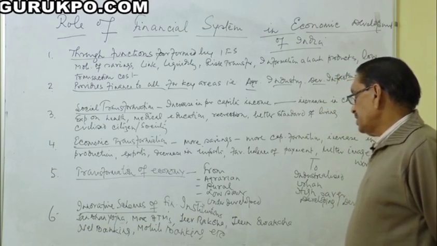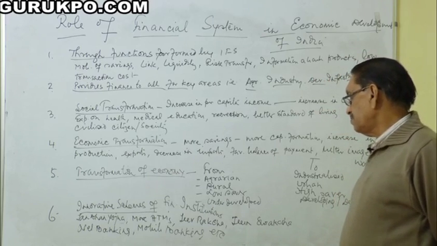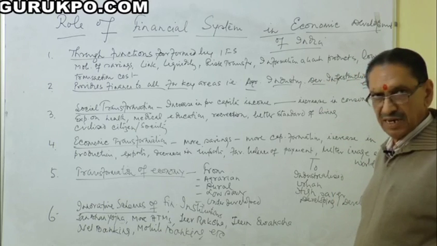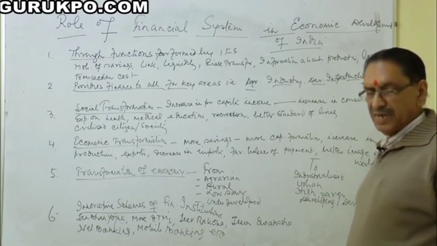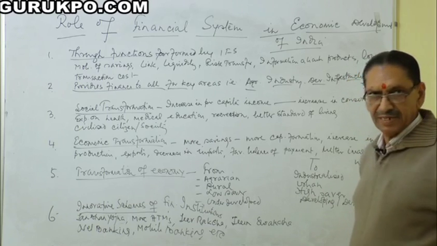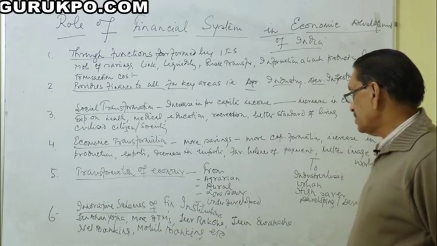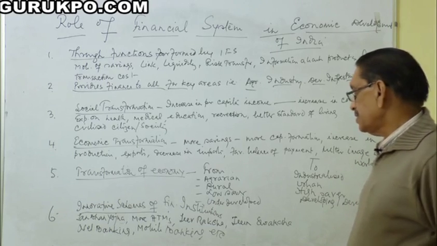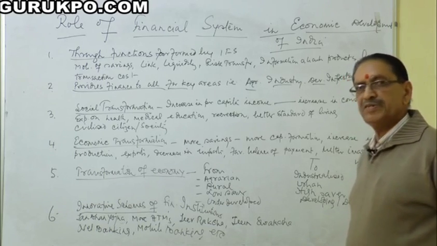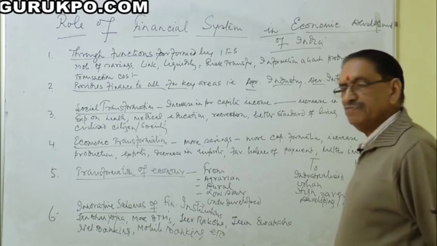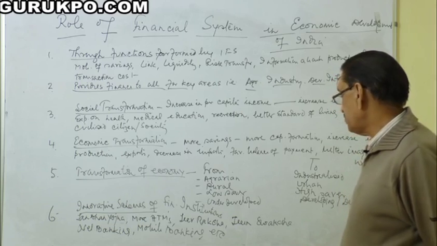Another important thing facilitating the financial system and more transactions is that each bank has been asked to open more and more ATMs. Every branch of a bank now has an ATM, so that a person is not required to enter the bank. Outside the bank there is an ATM in which he can deposit money and withdraw money as per his requirement, with 24-hour facilities available for withdrawing money.